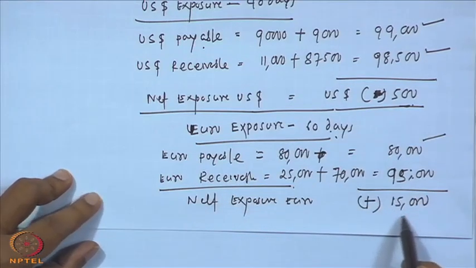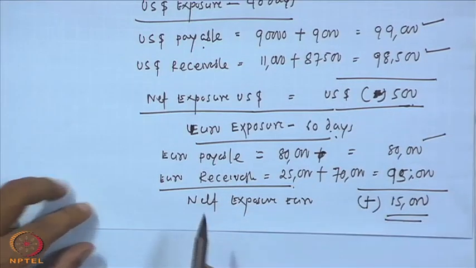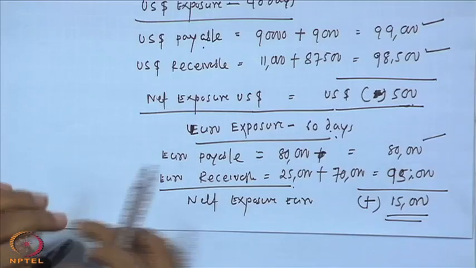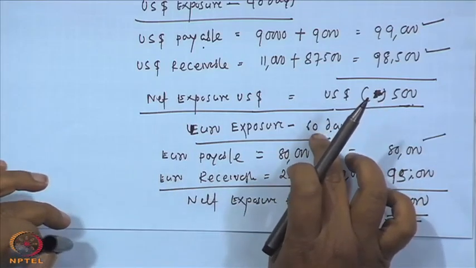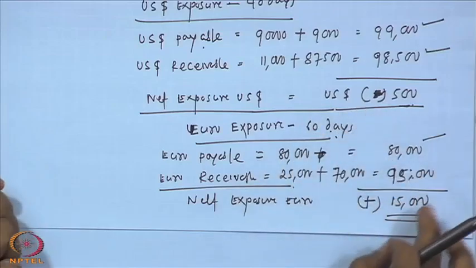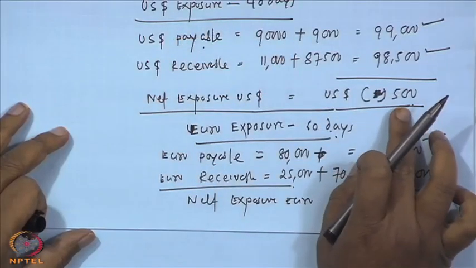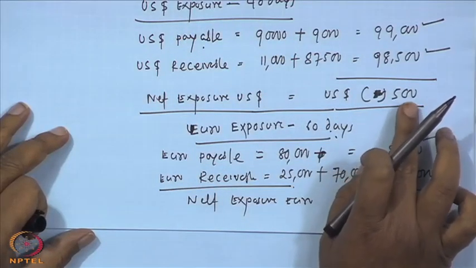So, positive 15,000 euro will be received by the MNC on the 60th day. Here the MNC needs to deploy this euro, because surplus euro is available to it, while on the US dollar side the MNC has a deficit of $500 to arrange.